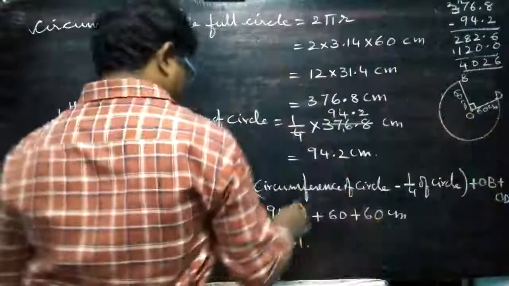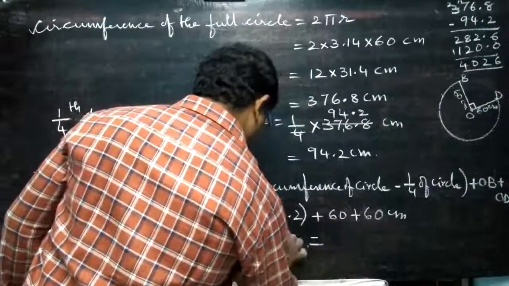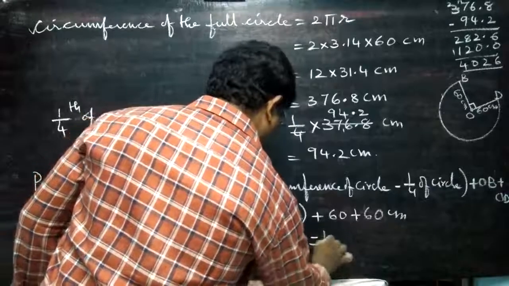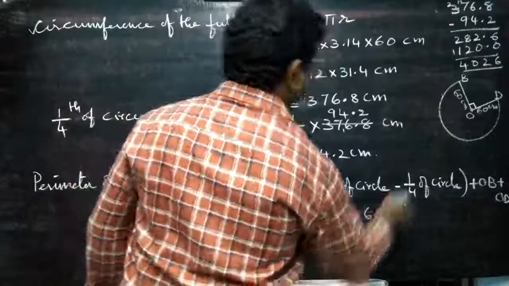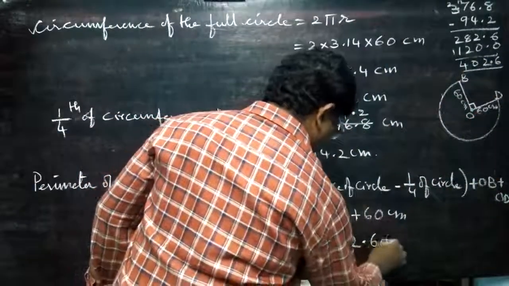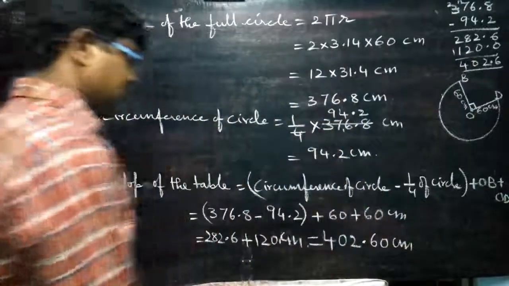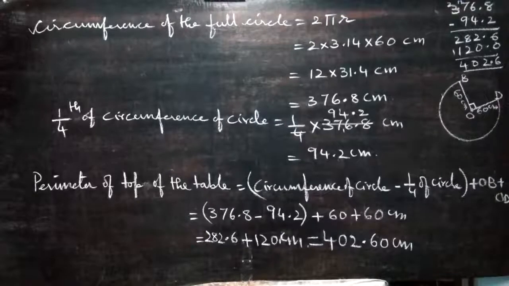How much you got means 402 point, because here the decimal is there, 0.60 centimeter. Or if you write only 6 also, no problem. So therefore the perimeter of the top of the table is 402.6.